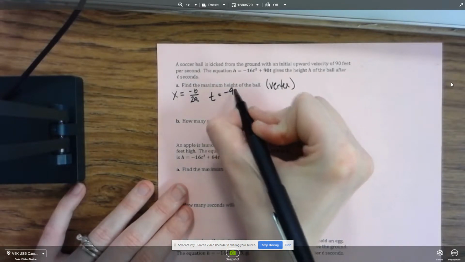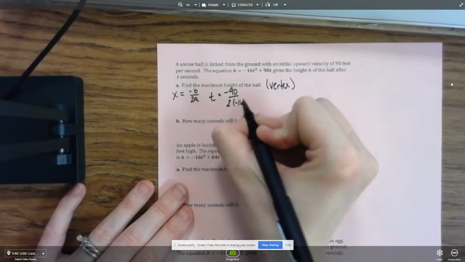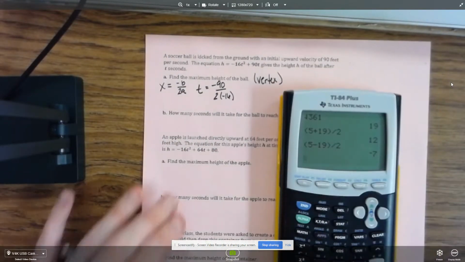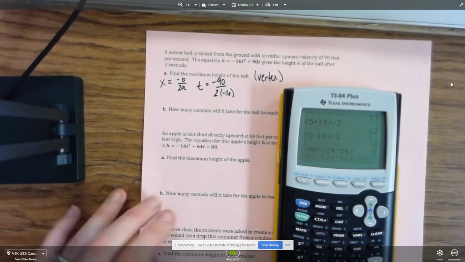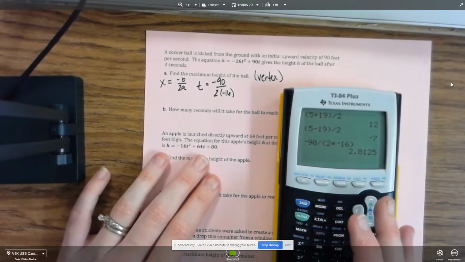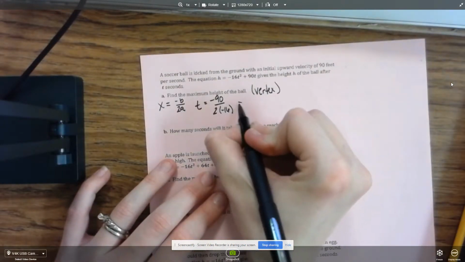So we do negative 90 divided by 2 times negative 16. So negative 90 divided by 2 times negative 16 gives me, let's round it, 2.81.